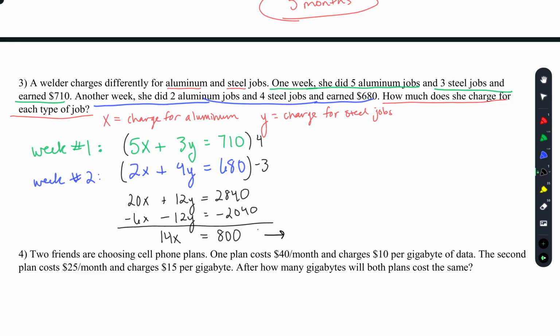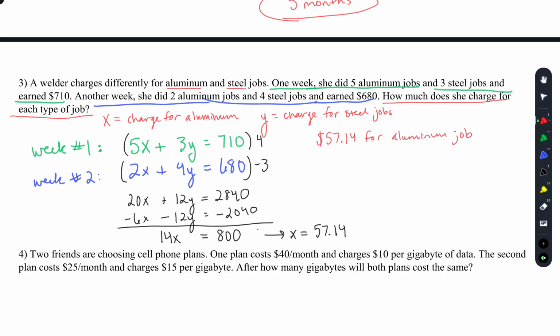So if you divide by 14, you get 57.14. The reason I rounded to the hundredths place is because X is the charge for aluminum, money. So it's $57.14. So she charges $57.14 for an aluminum job.